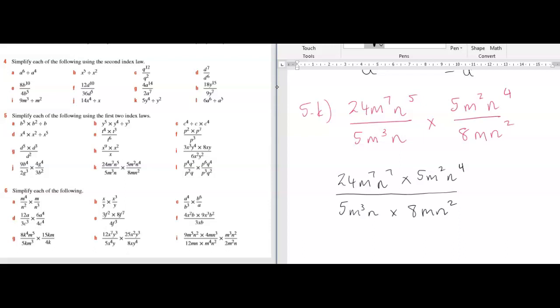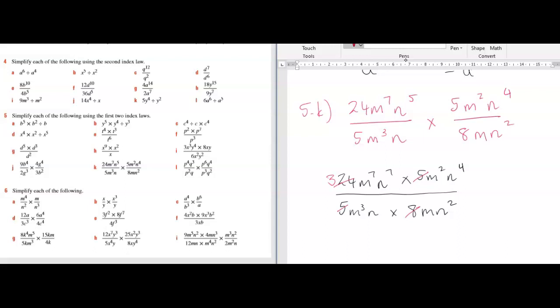Okay, so even though there's times, I put times in here. Oh, I can't keep hiccuping. Okay, so let's do some cancelling. So let's look at our numbers first. This 5 can cancel with this 5. This 8 can go into 24 3 times.